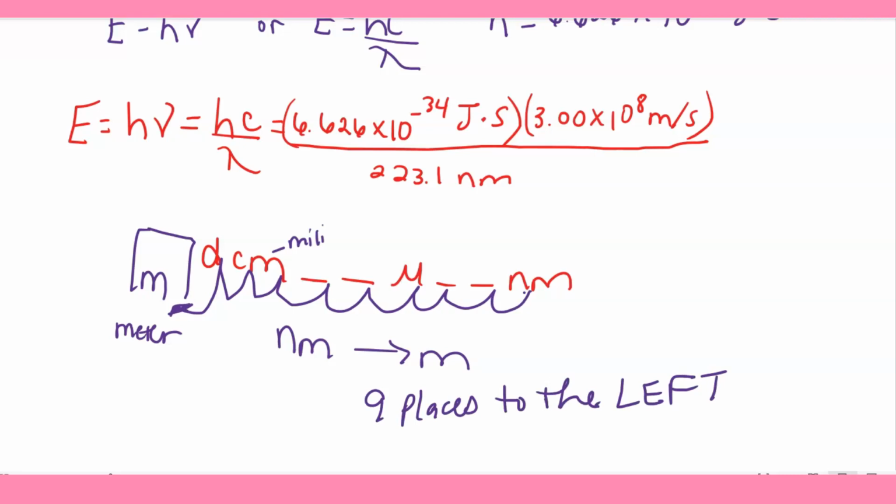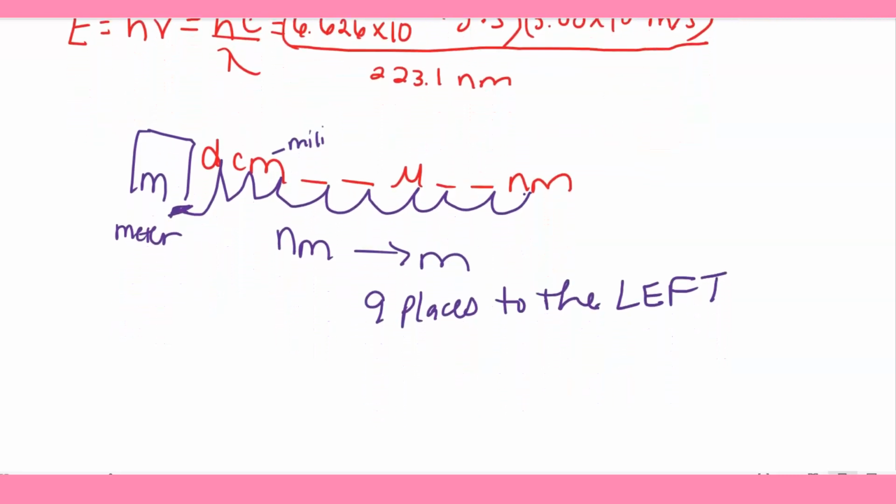So when you move your decimal place back, you're going to count the number of zeros that come before that number. So there are 7 zeros that come before the 223.1.